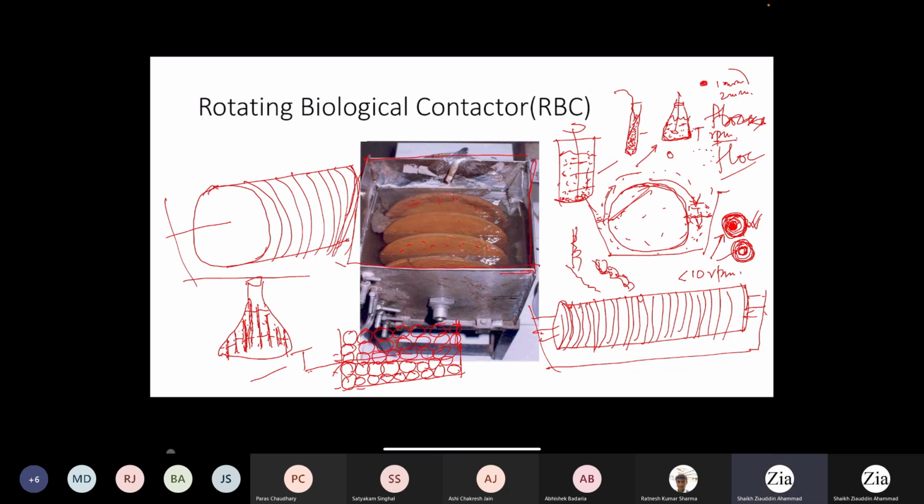Then you just maintain the anaerobic condition, and in a similar manner, you rotate the disc. In a bigger reactor scheme, we'll always have a settler after this reactor, because dislodgement of bacterial biofilm is very common. Whatever water you get from this system will have some biofilm in it, so to remove this biofilm, you will have a settler immediately after this reactor system.